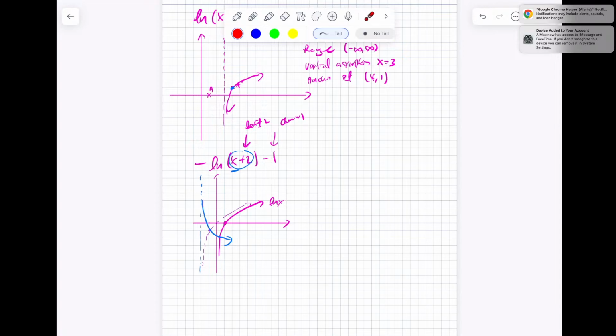Now you don't have to know the detailed things. If you're a good Algebra 2 student, you can pass AP Pre-Calc. Even a good Algebra 1 student can pass that thing.